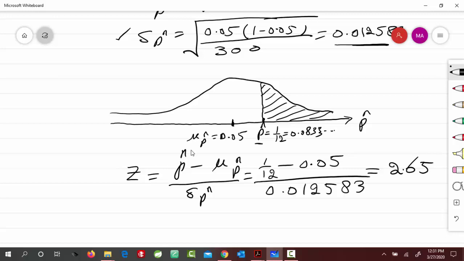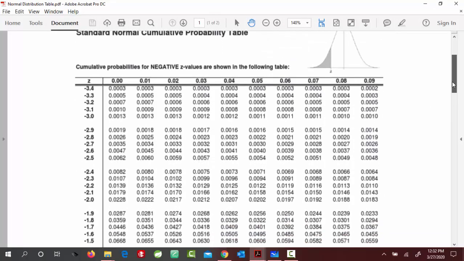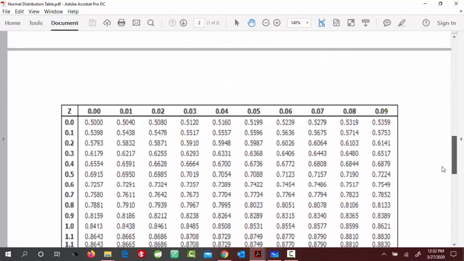So this z value, 2.65, corresponds to this value, so let me write it here, 2.65. And now we look into the standard normal distribution table to see, when z is equal to 2.65, what the area would be. Remember that the area from the standard normal distribution table is on the left side of this line. So first find this out. Our z value was 2.65, and this is the standard normal distribution table.